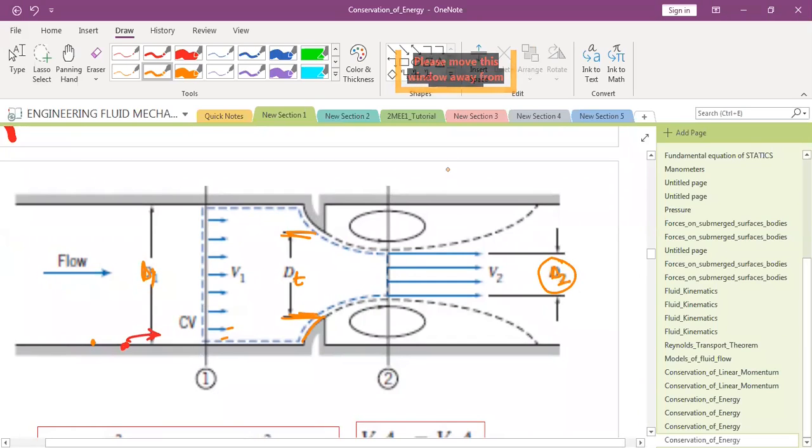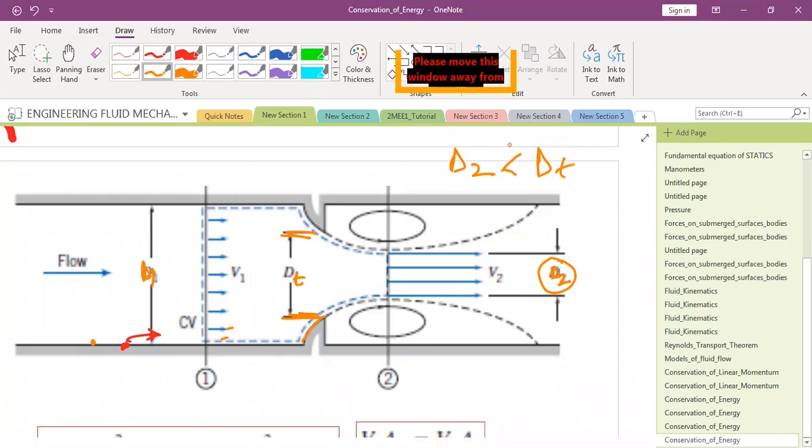Will D2 be less than DT or greater than DT? Less than, sir. So D2 will be less than DT.